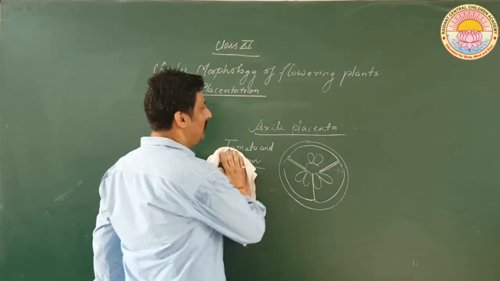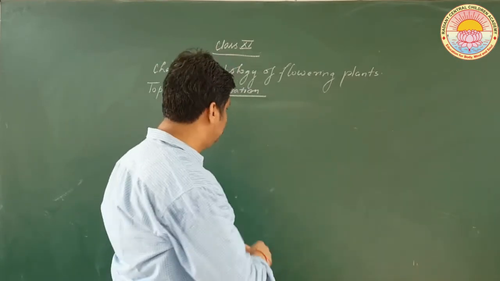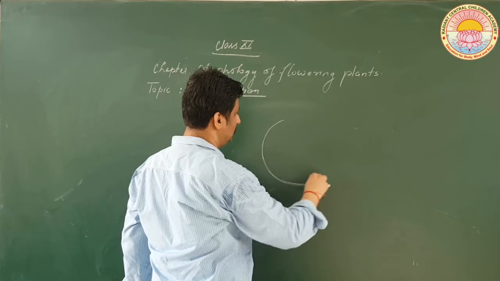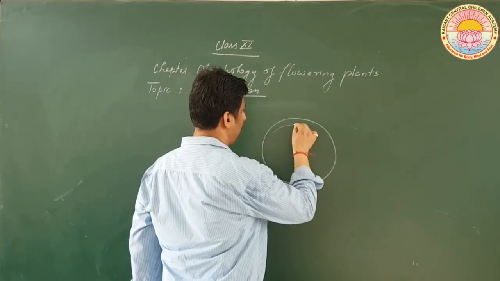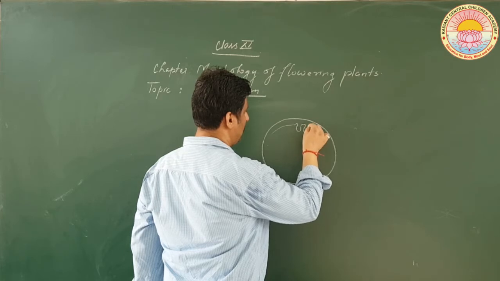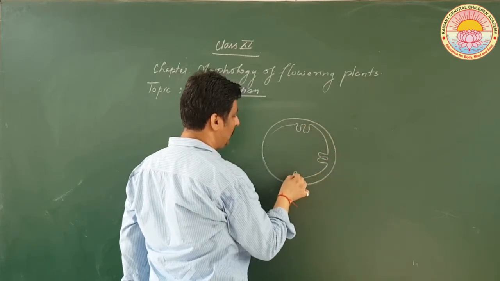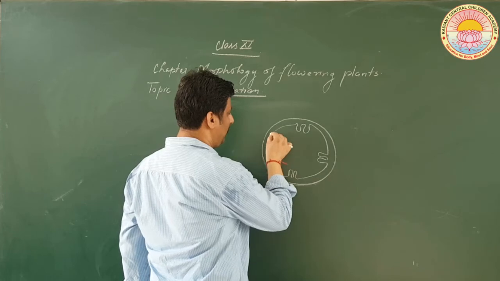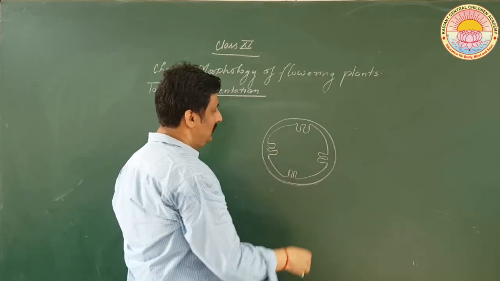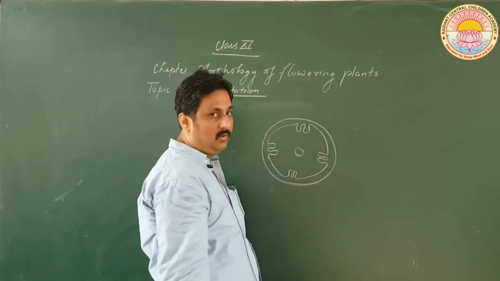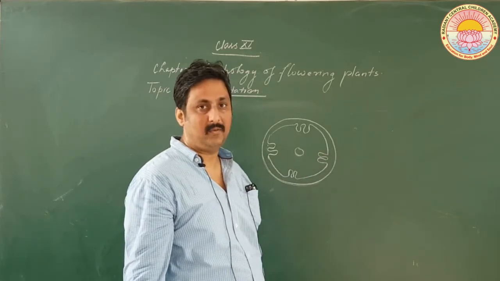Now let us talk about parietal placentation. You see in the following diagram, the ovules are situated on the inner walls and there is no separating septum.